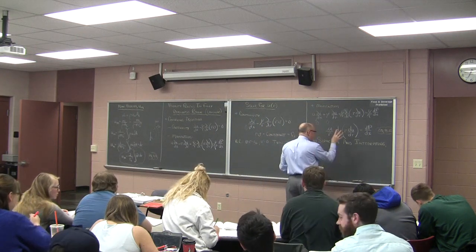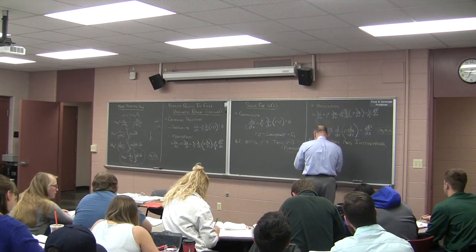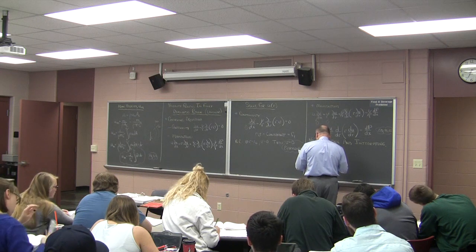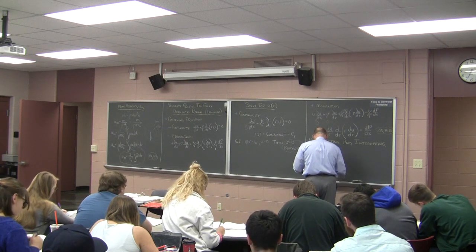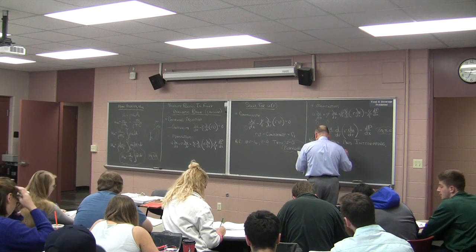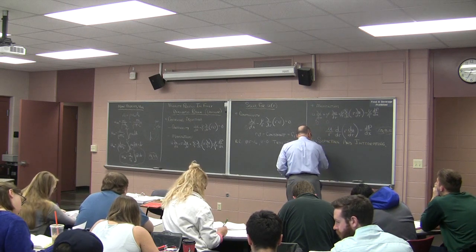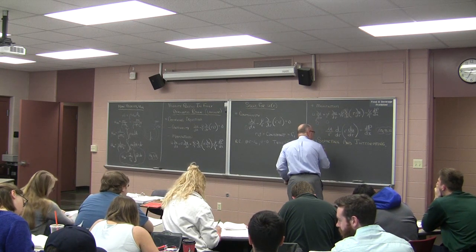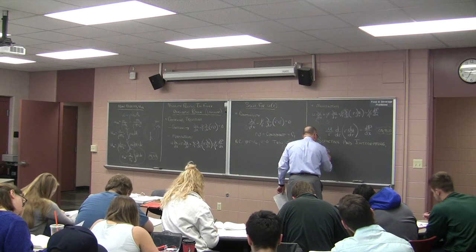So we're going to multiply both sides by mu over r, and separate. We're going to have d times r du dr.